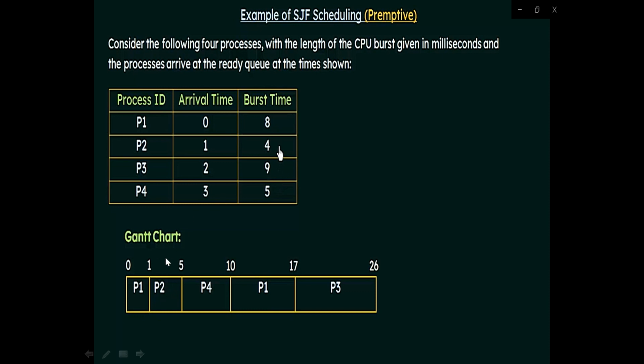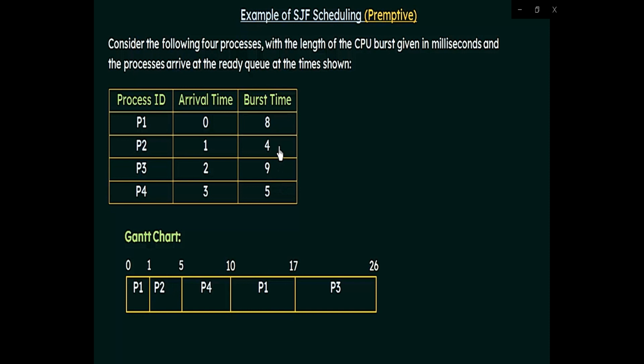The burst time of P4 is 5, but the remaining burst time of P2 at 3 units of time is only 2. So P2 will be given the preference over P4, and P2 completes its execution, right?